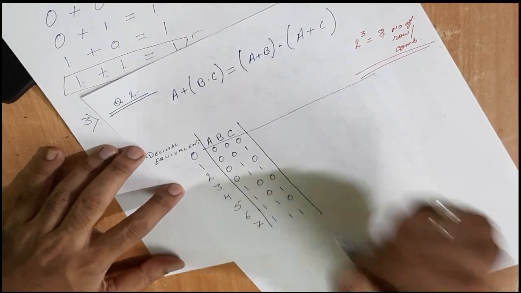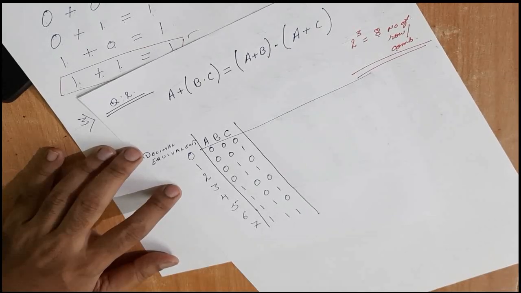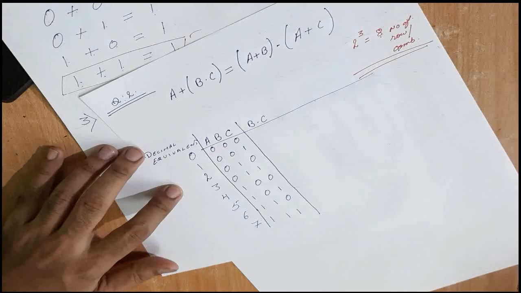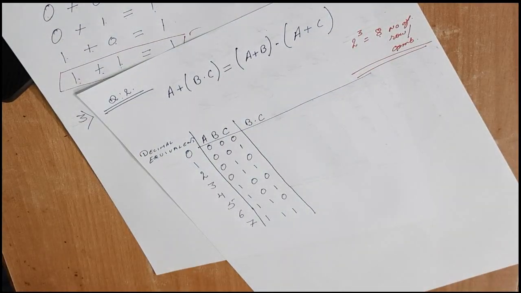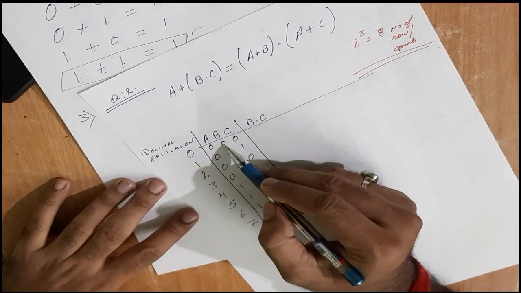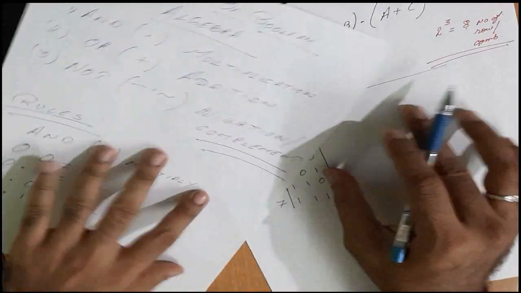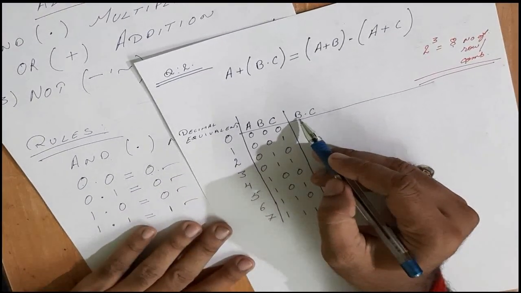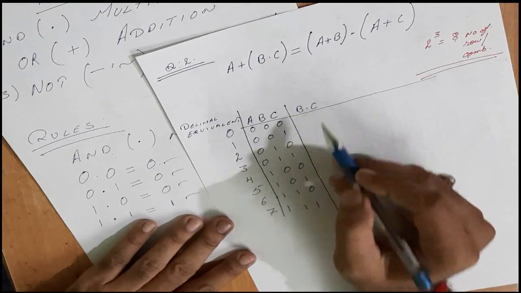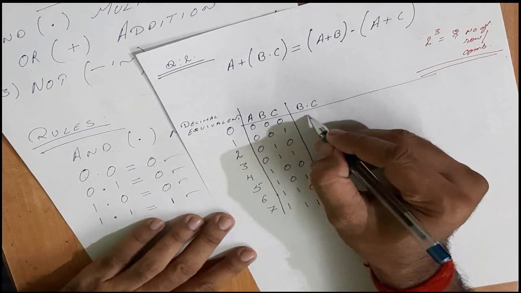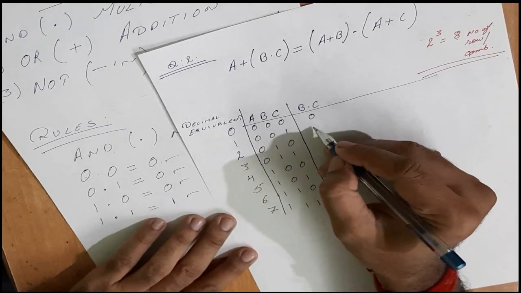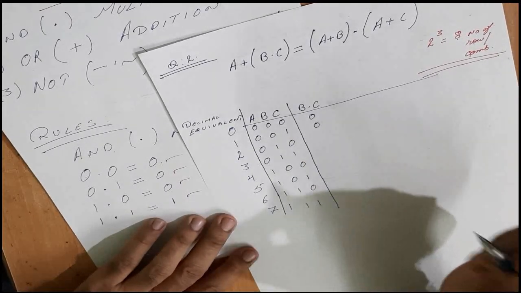Let's draw a line over here, and the first which we will take, that is B dot C. Let's see it. If we multiply, and I'll take out the rule of multiplication, here it is. If you multiply two variables, that is B dot C, 0 multiplied by 0, the result will be 0. 0 multiplied by 1, result will be 0.